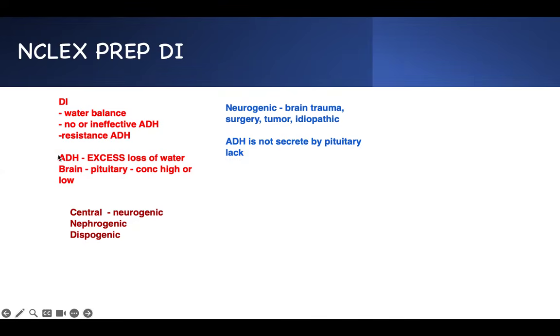If it's nephrogenic, this is how you can master them, right? When you see the question is nephrogenic, it means your kidney does not recognize ADH. That means you have it, but your kidney cannot see it. Most of the time, it's medication. Number one medication that causes this is lithium.